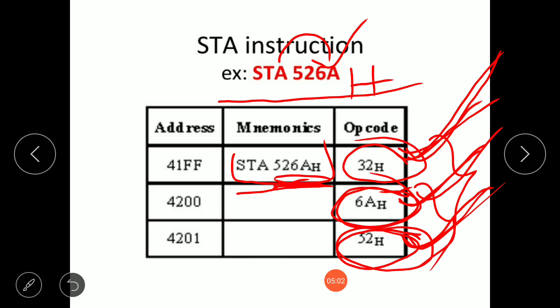What happens after getting the address? The microprocessor knows it needs to store the content of the accumulator to that address. So the last machine cycle is used for writing, that is a memory write machine cycle, writing the content of the accumulator into the mentioned address.